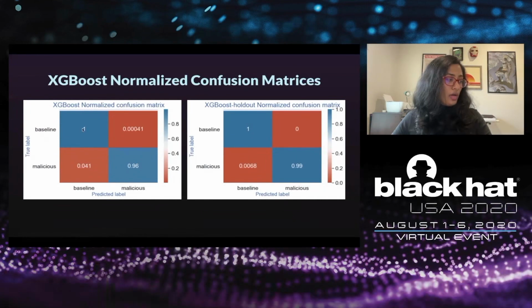So the left top quadrant, which is the true negatives, 100% of the non-malicious baseline data points have been classified correctly, and 96% of malicious attack data points have been classified correctly, which is great. Now let's see in the right plot for the holdout data set, 100% of baseline non-malicious data points have been classified correctly, and 99% of malicious attack data points have been classified correctly.